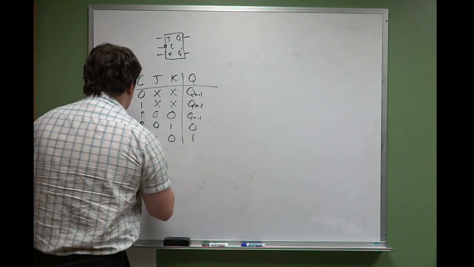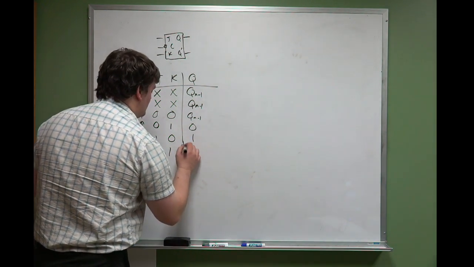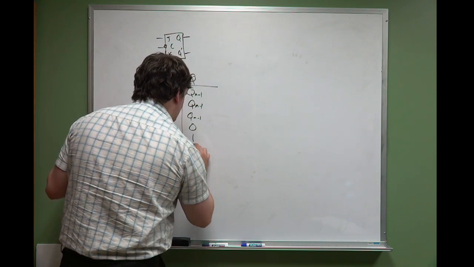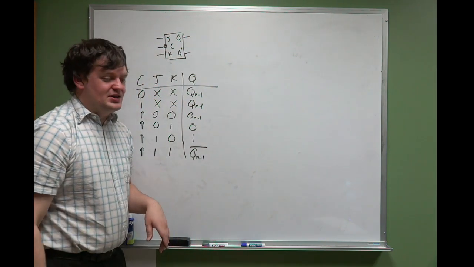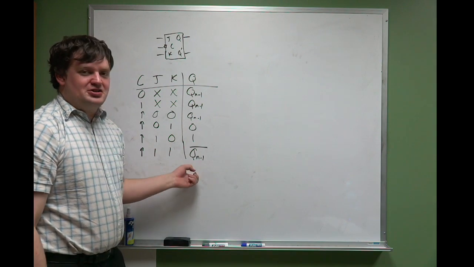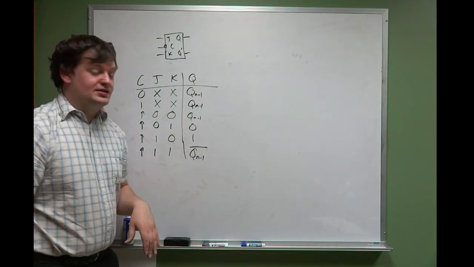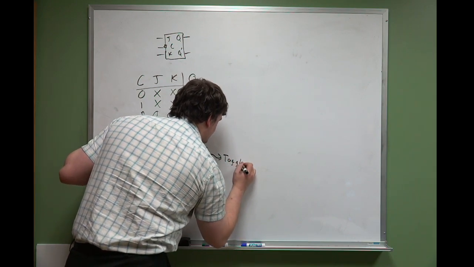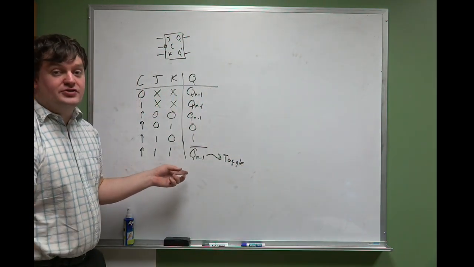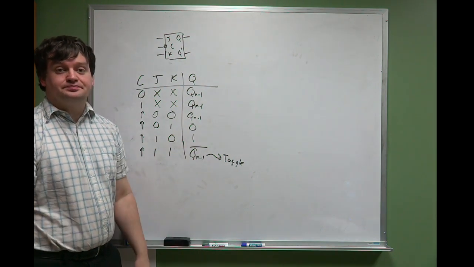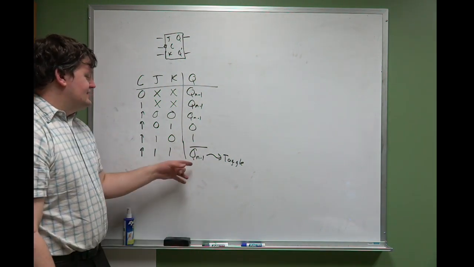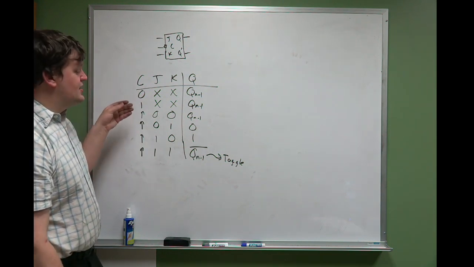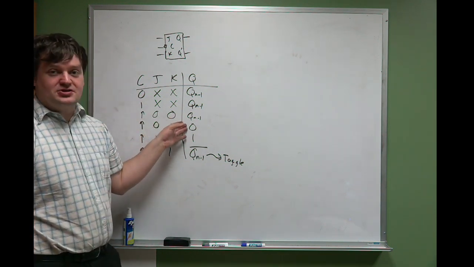Okay? And we do have one last condition where both of them are 1. And what this does is, we write it like this because whatever Q used to be, we toggle it. Okay, this is a toggle. If it's on, it turns off. If it's off, it turns on. That's it. Okay? So here we do have the ability to reset, which means we turn it to 0.